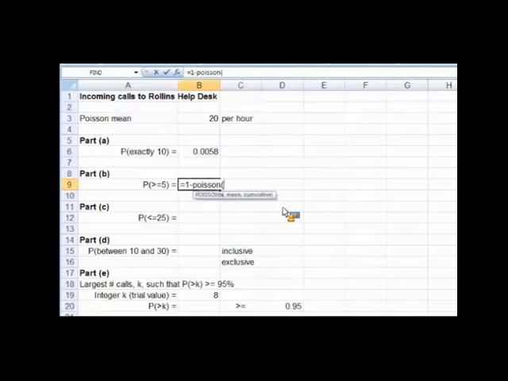Now I have to think, do I want to include 5 in the part that I'm subtracting, or do I want to keep it in the part that I'm retaining? I want greater than or equal to 5, so I can't subtract the probability of getting 5 from 1 here. So I have to step down from 5 to 4 and say 1 minus Poisson of 4, comma, lambda, comma, 1 in this case.